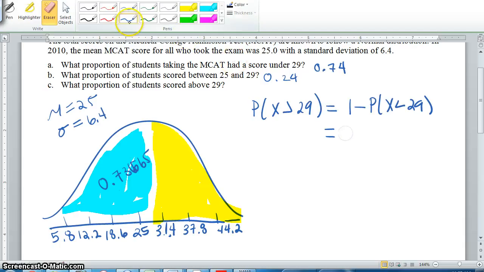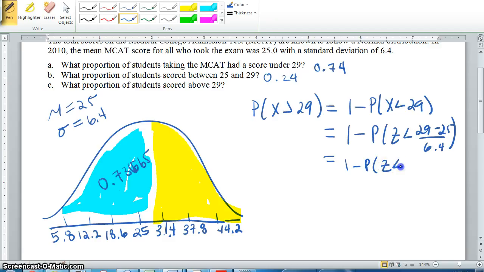So 1 minus the probability that z is less than 29 minus 25 over 6.4, which we already know to be 1 minus the probability of z being less than 0.63. We can easily obtain this from our table because this gives us the area that falls below, which we know to be 1 minus 0.73565 from the table. This is something we already calculated.